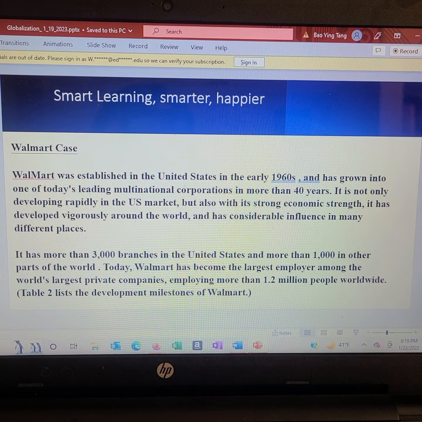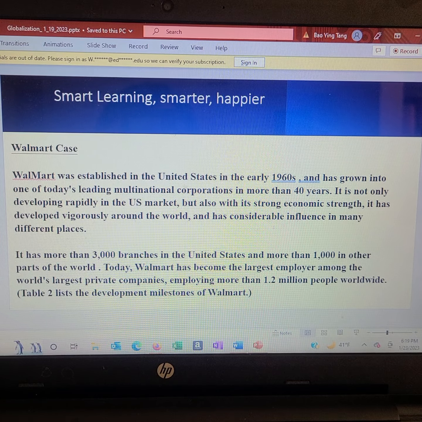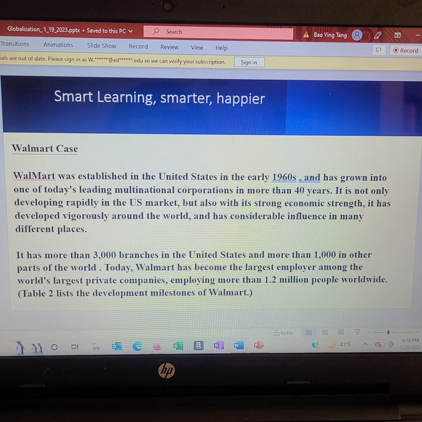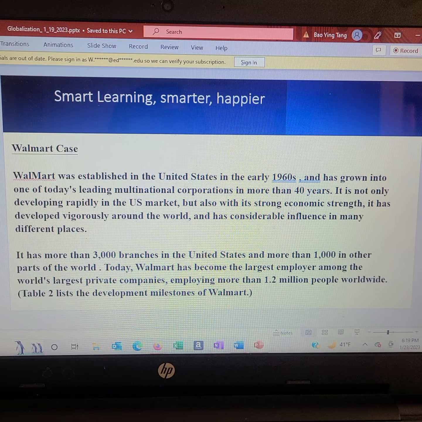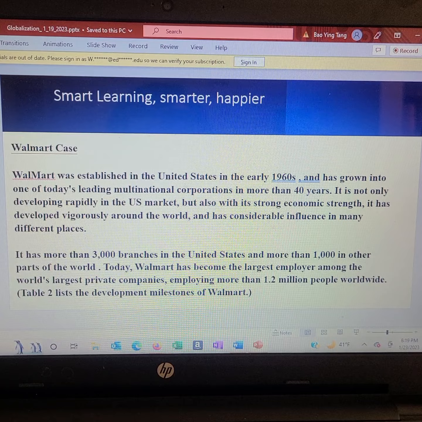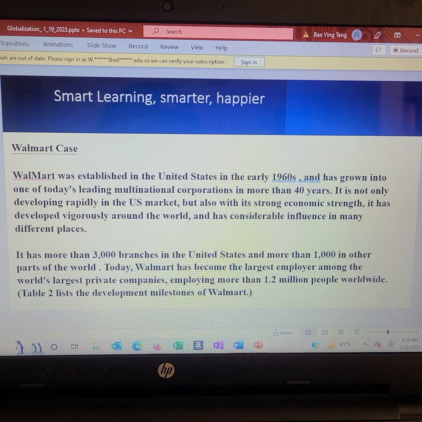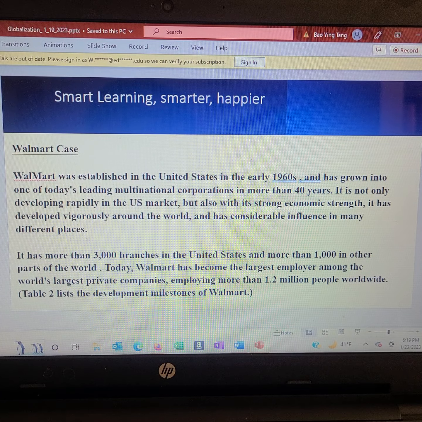It has more than 3,000 branches in the United States and more than 1,000 in other parts of the world. Today, Walmart has become the largest employer among the world's largest private companies, employing more than 1.2 million people worldwide. Table 2 lists the development milestones of Walmart.